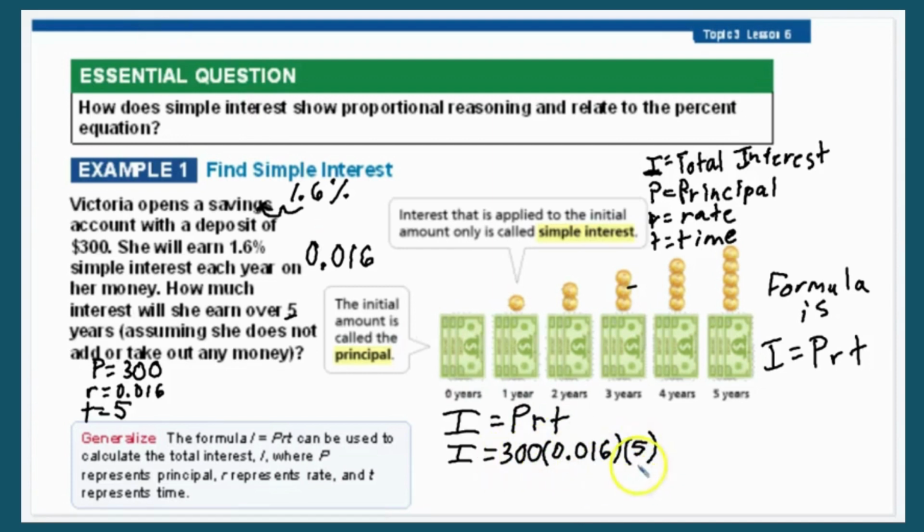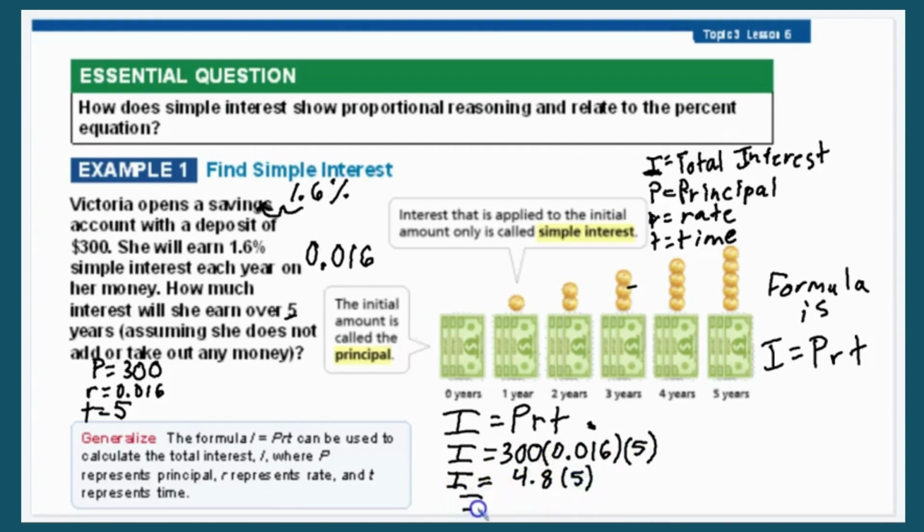All of these are multiplying by each other, okay? They are all connected. There's no signs. That means multiplication. So we will get I equals again. And I'm not going to multiply all of them at the same time. I'm going to go step by step. So I will multiply 300 times 0.016 and get 4.8. Then I will multiply times 5.